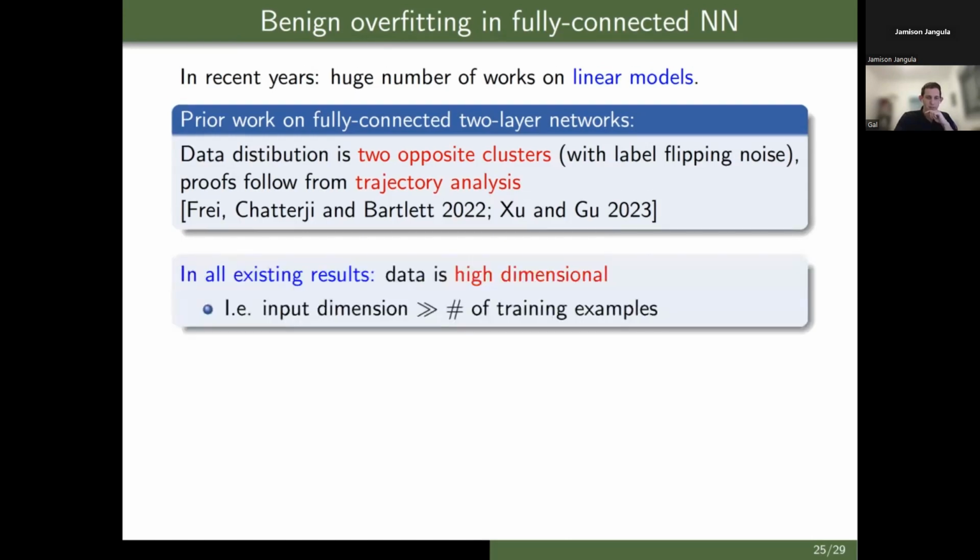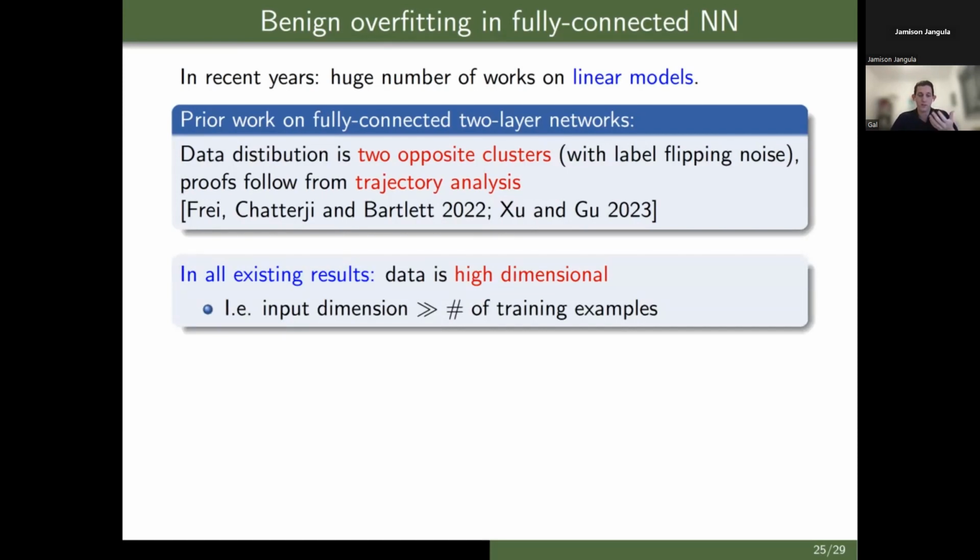Now, something which is worth mentioning about all of the prior results on benign overfitting, both the results for linear models and the results for nonlinear models, is that in all of these results, the data is high dimensional, which means that the input dimension is much larger than the number of training examples.